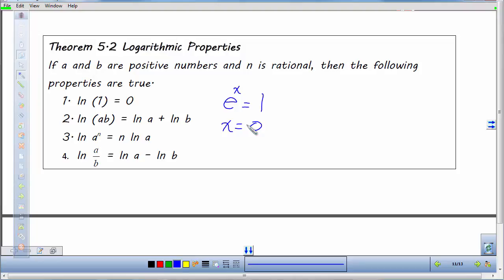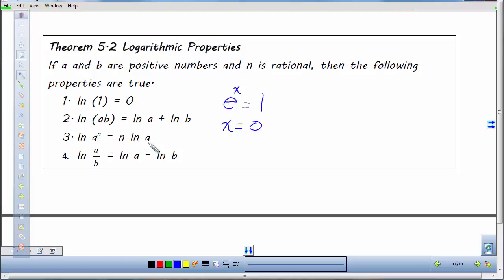Another property is the natural log of a product. I can distribute logs over a product, but it becomes a sum. So natural log of a times b is equal to natural log of a plus the natural log of b. The natural log of a to the n almost feels like taking a derivative, but it's not. This is just an algebra rule. We bring n out front times the natural log of a.